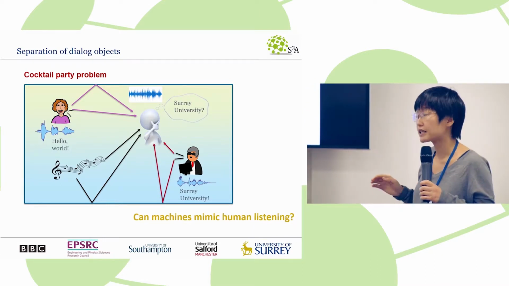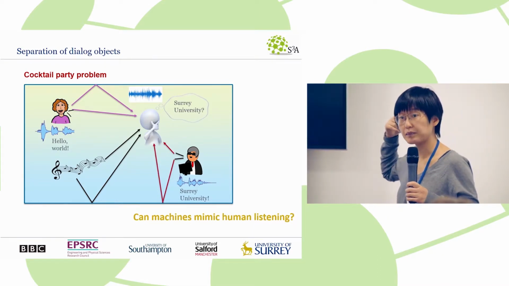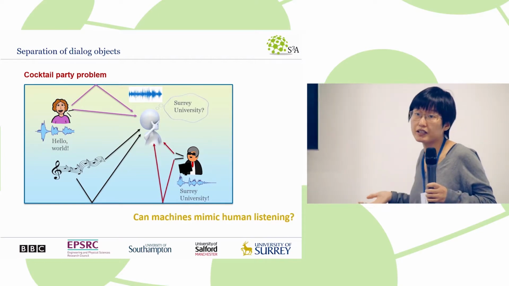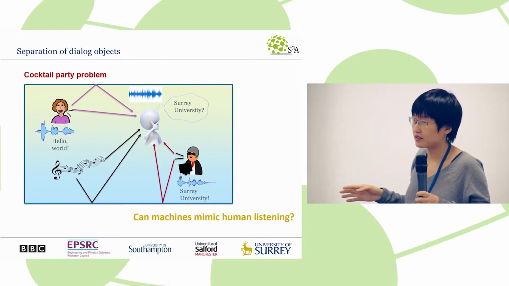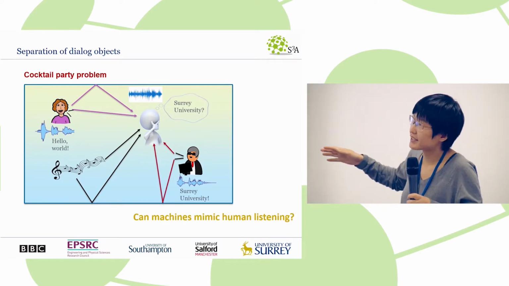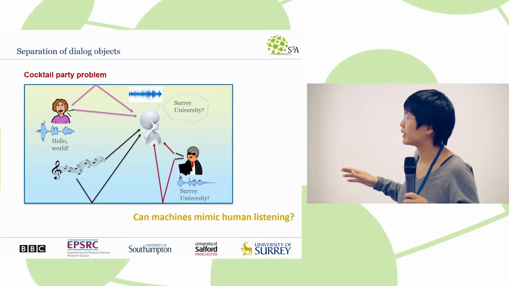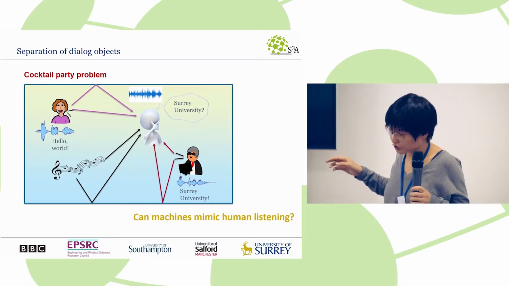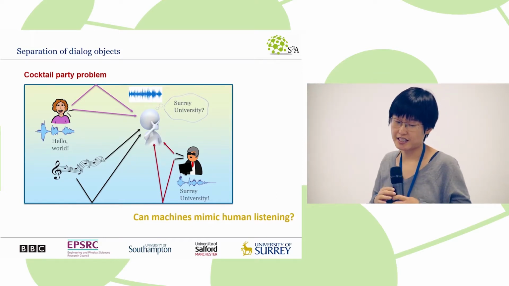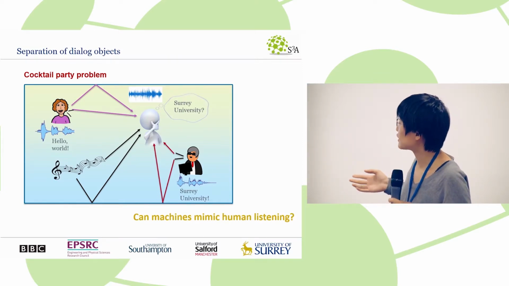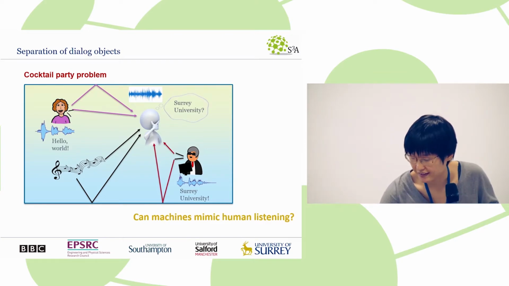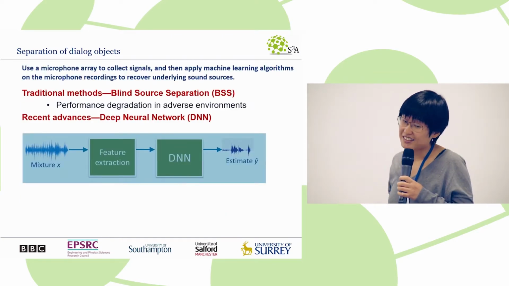A person with normal hearing abilities can simply focus on and extract the speech he is interested in and ignore the other interfering speakers and the noise. So our research question is: can we use machines to mimic this human listening process? And the answer is yes.